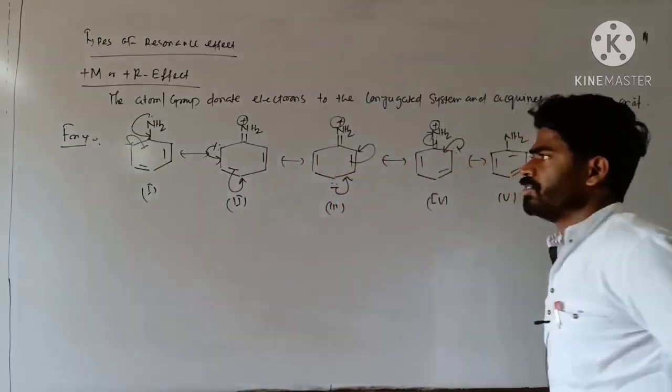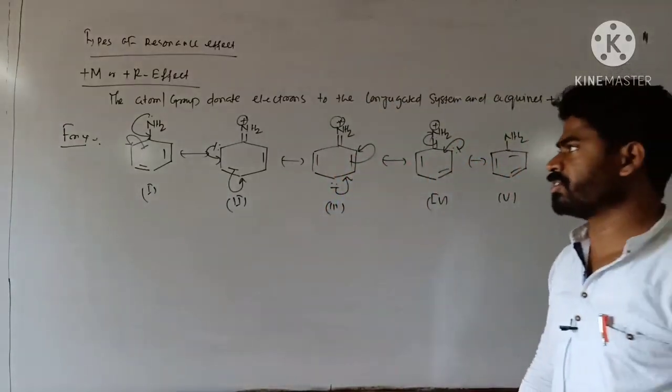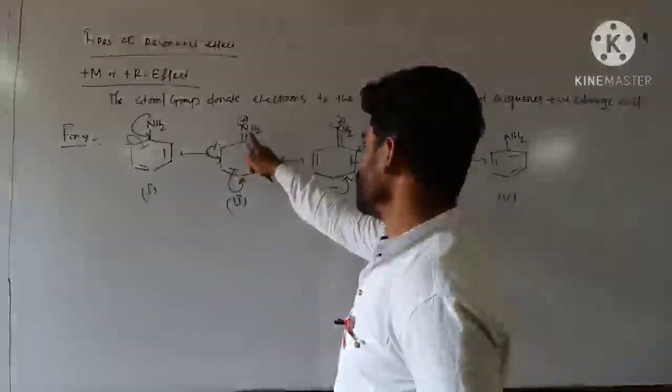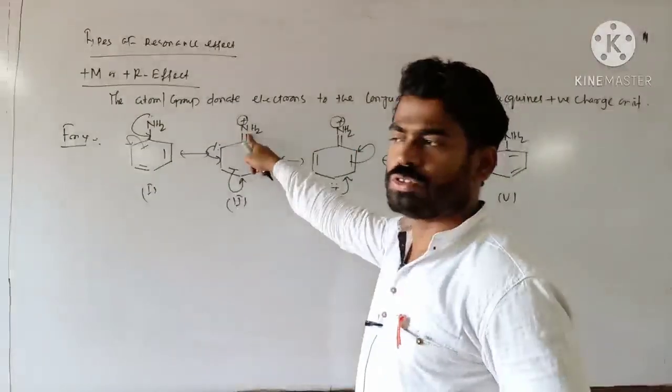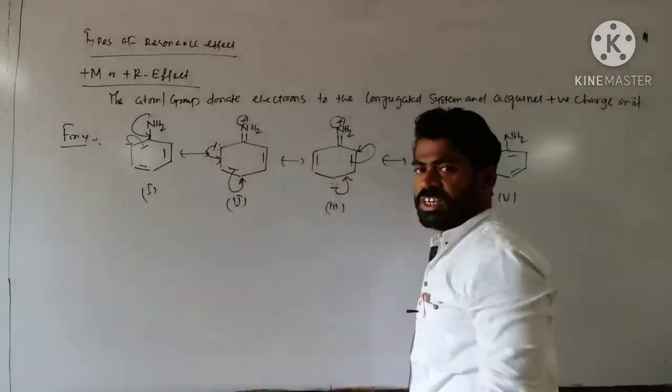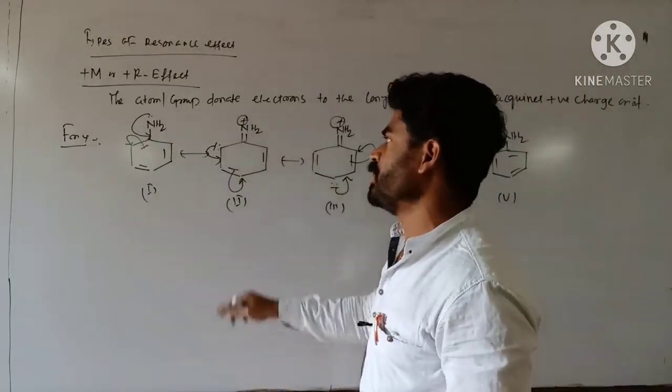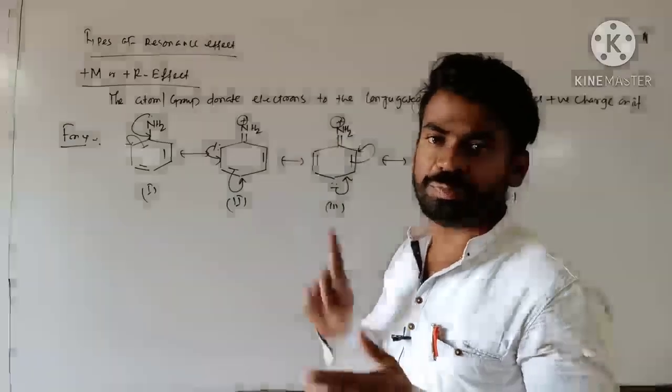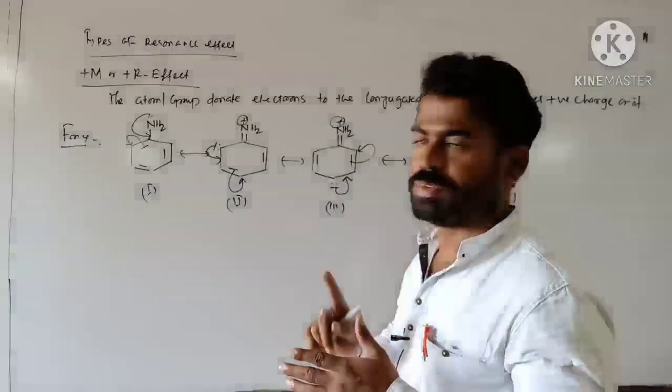So these are the resonating structures, or you can say contributing structures. 5 resonating structures. So out of these 5 resonating structures, you see there exists a positive charge over the NH2 group. So I have told you, any group, if it supplies electrons to the conjugated system and gets itself positive charge, this is called positive mesomeric effect or positive resonance effect.